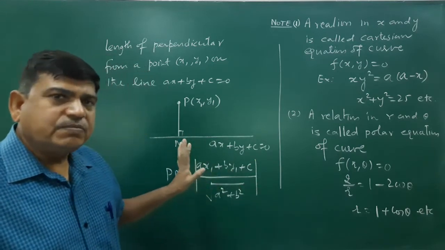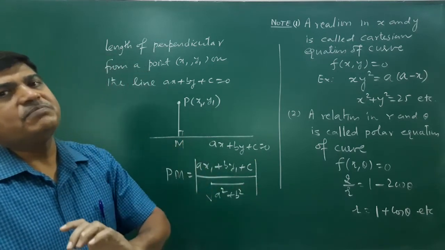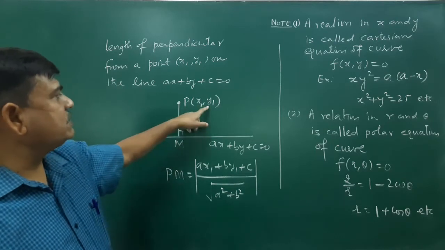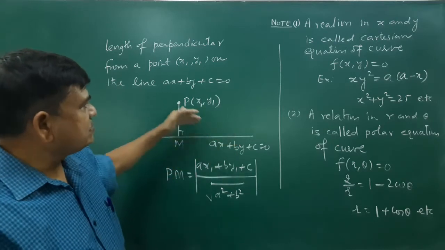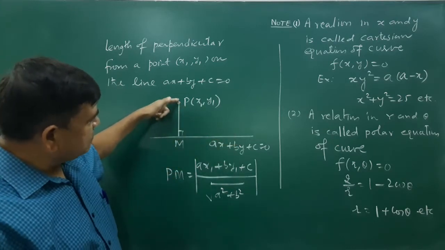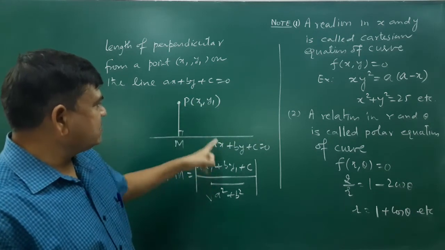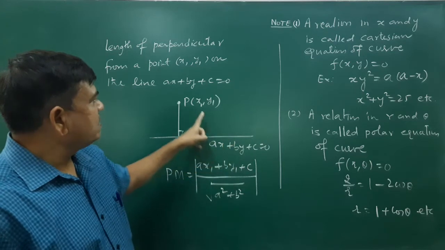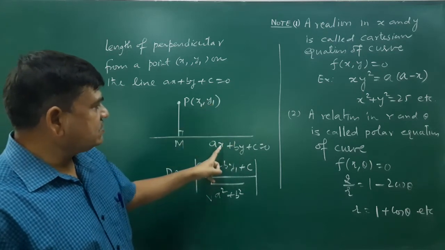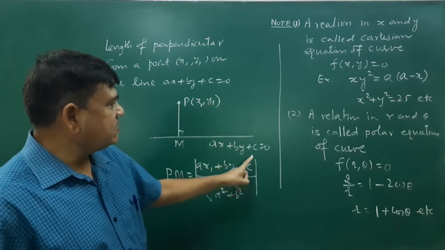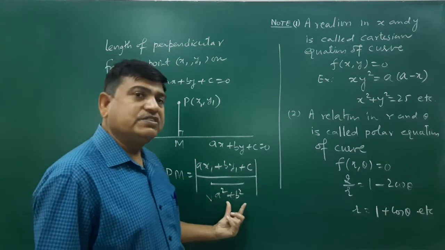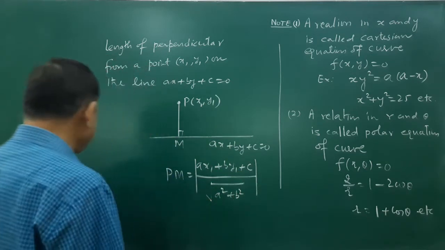This formula, you people know that it is given in two-dimensional geometry. So if a point is given, line is given, so we can drop a perpendicular from the point on the line. So this length is given by this formula. You just replace x and y by x1 and y1. So it is ax1 plus by1 plus c upon root a square plus b square.